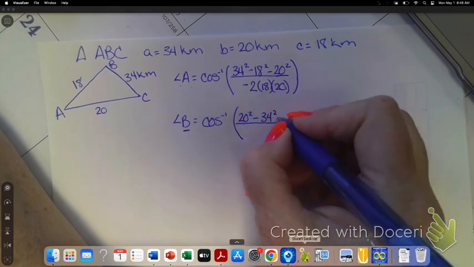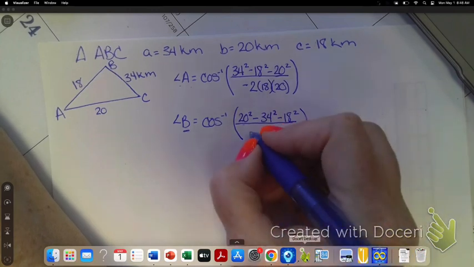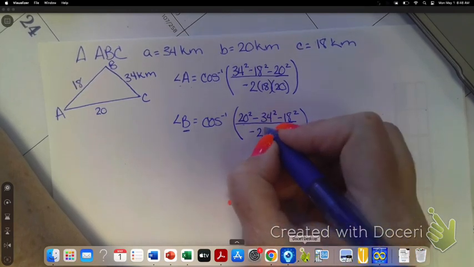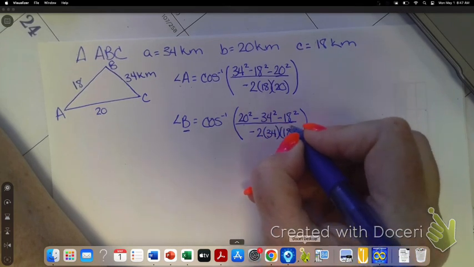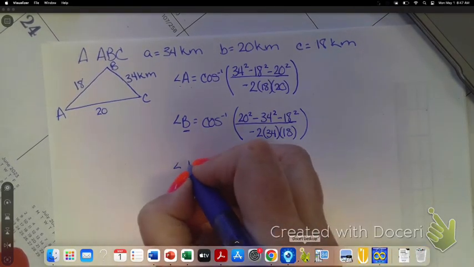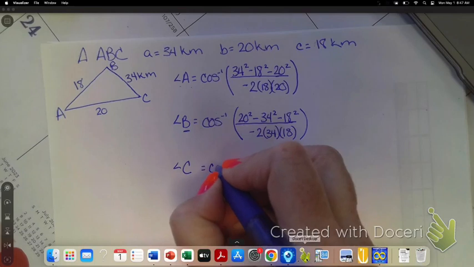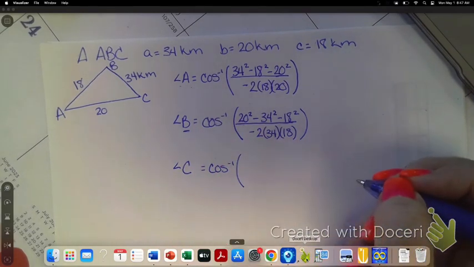Minus 18 squared. Over negative 2 times 34 times 18. Okay, and everybody set up C on their own. And then solve.